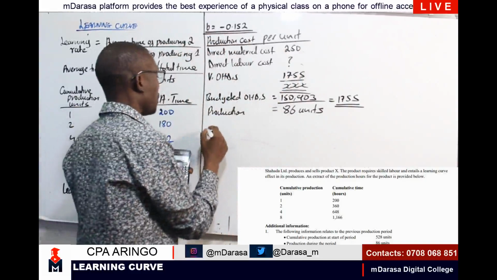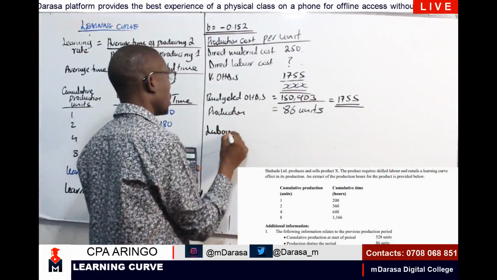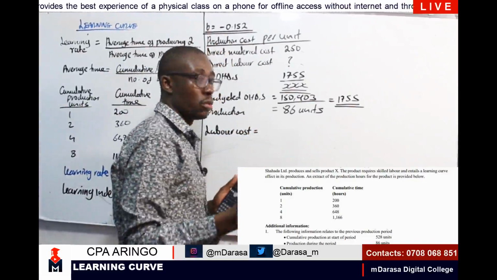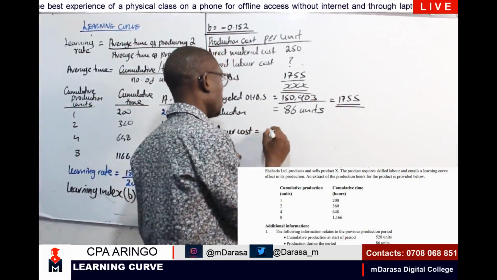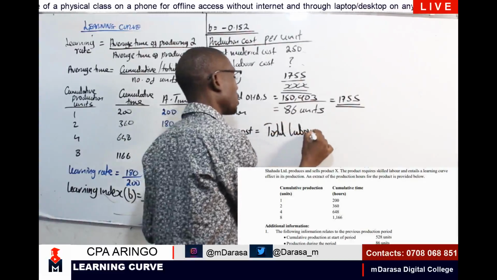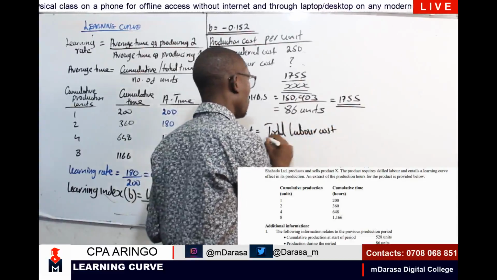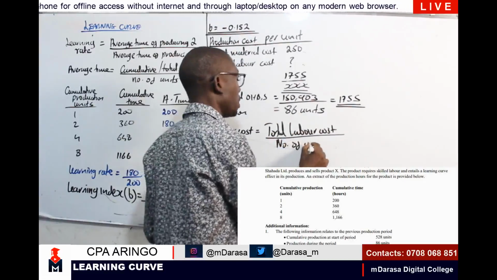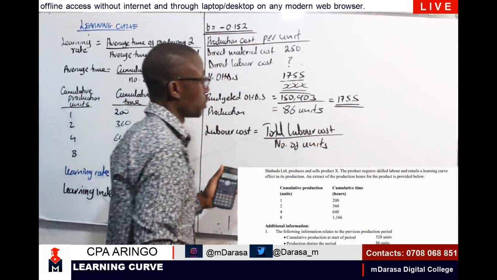To determine our labor cost per unit, my good students, recall we mentioned that we should be having this in mind. I should be talking of our total labor cost, which we divide by the total number of units produced.